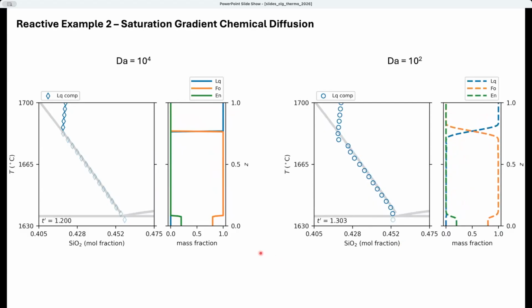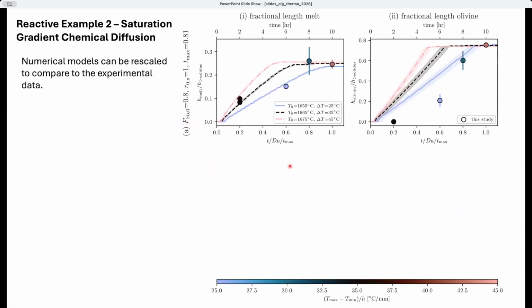But we saw in the experiments that we have quite a sharp contrast between our melt layer and our forsterite layer. So we believe the Damkohler number here is quite high. And so we can calibrate our time scale of our simulations and compare it to our experimental data at different temperatures, and use that to fit the experimental data with our numerical model.